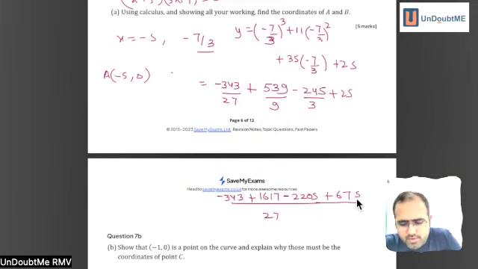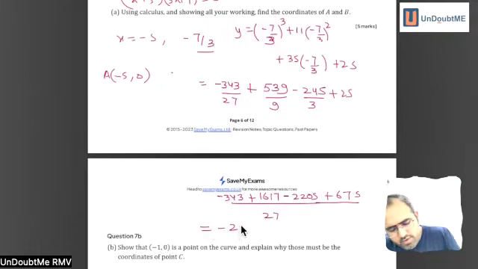It's 1274 divided by 27. 1274 is not correct. According to my calculation, it is coming like that. Let me check. 1617 plus 675 minus 2205 minus 343.